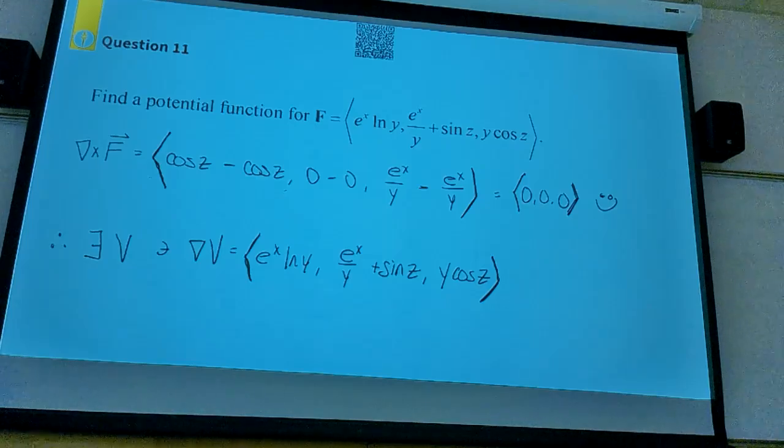Now, actually, in physics a lot, you'll see it this way. F is negative del V. Doesn't matter.